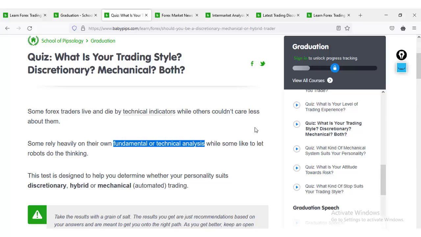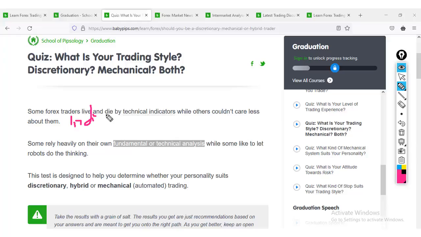They told me to apply a little bit of this, indicators. In fact, they call it technical indicators, which is also here. Right now, I don't live and die by this.